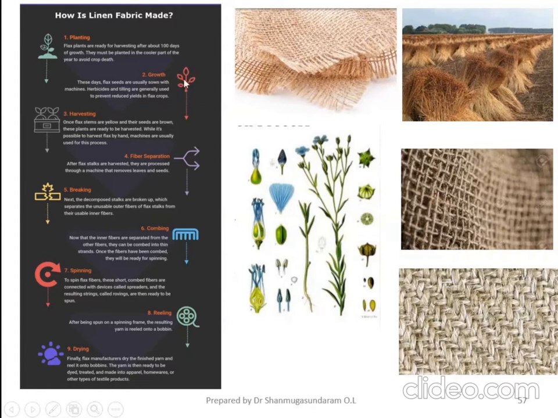Next, after the full maturity, you are harvesting the fiber, then the fiber is separated, then breaking, then finally combing, then spinning process, then reeling process, then drying process. So these are all the steps involved in the extraction of flax fiber to the production of yarn. This is a simple schematic representation of your flax fiber.